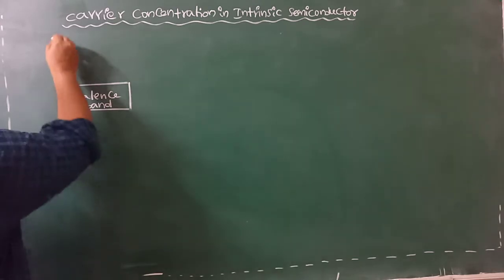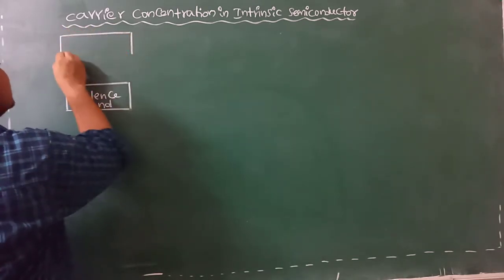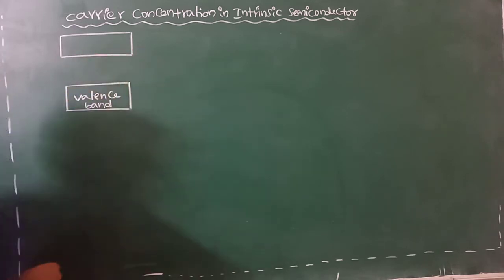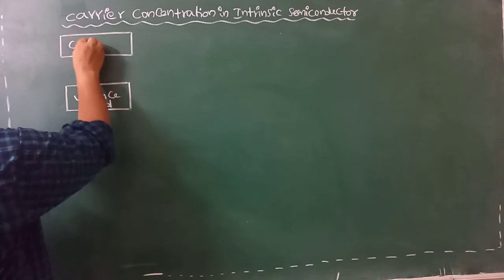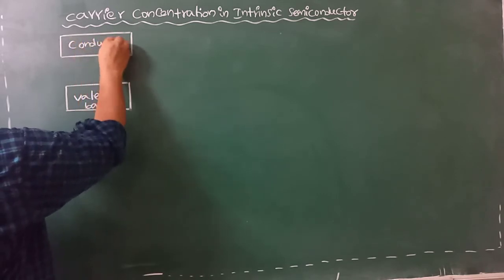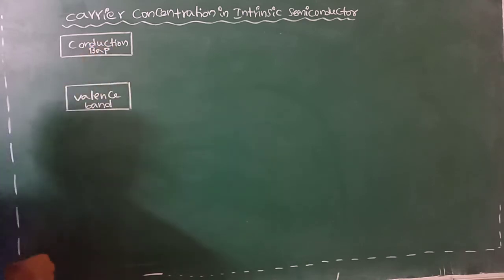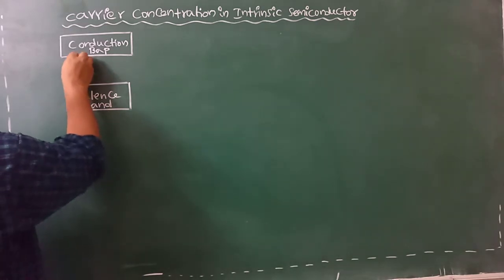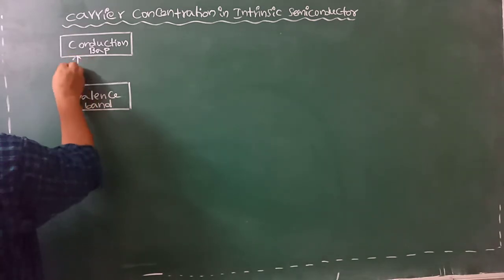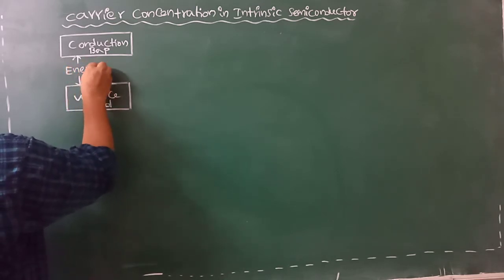A band of energy levels in which electrons are filled partially is called the conduction band. The gap between the conduction band and valency band is known as the energy gap.